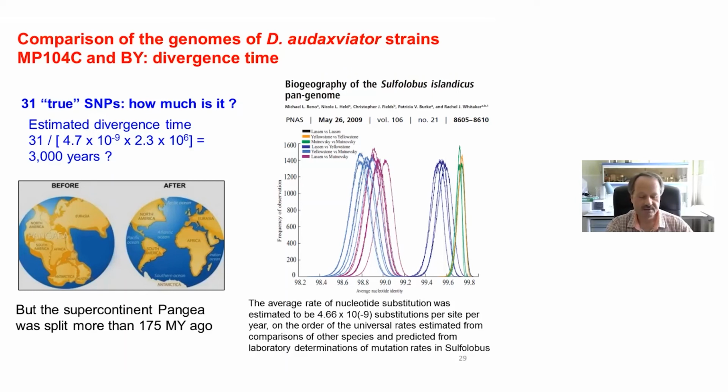If we apply this value to the 31 true SNPs in the Desulforudis genome, we get a divergence time of only 3,000 years. This is very striking. If we assume that South African and Siberian populations remained isolated since their formation, this is really nothing, because the continents split more than 100 million years ago.